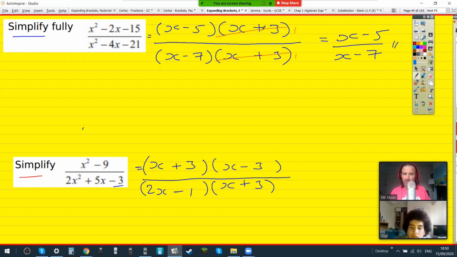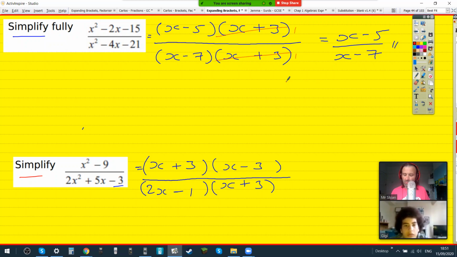How did you simplify this one up the top? We factorize the top and the bottom. Yeah. And then what did you do after that? Yeah. Took away the things that were the same.